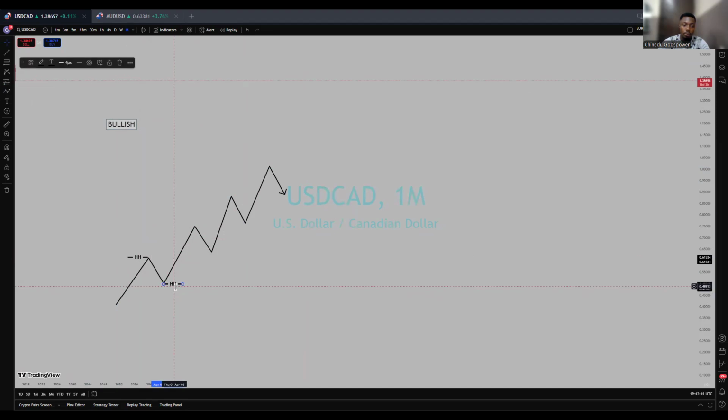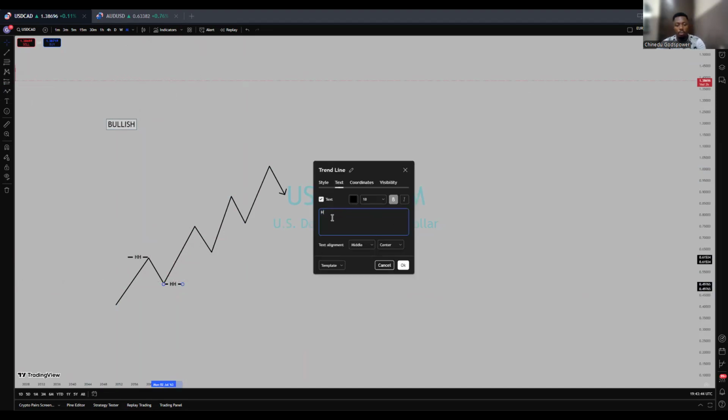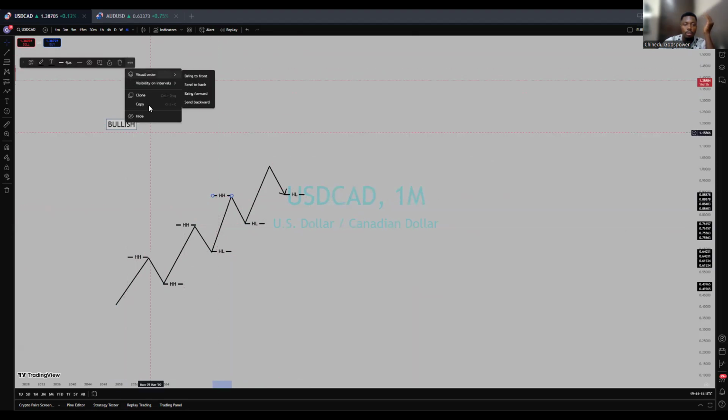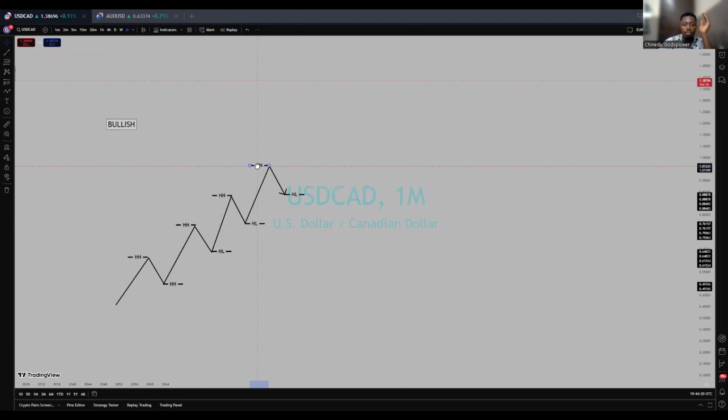Below, it creates a series of what? Higher lows. Then we can clone this. For the upside, price is creating what? Highs. Remember, I said price moves in three ways: it moves bullish, bearish, or it consolidates. It ranges. So in a bullish scenario, this is what price does.